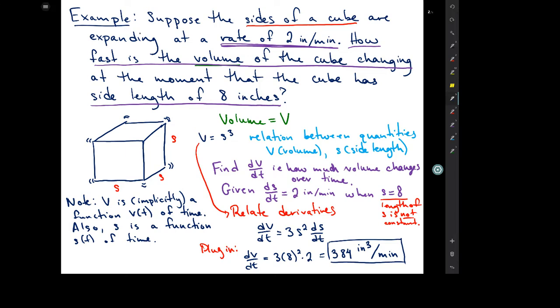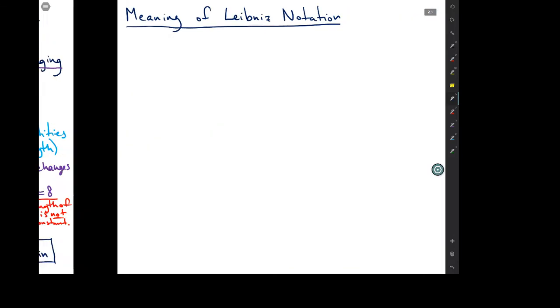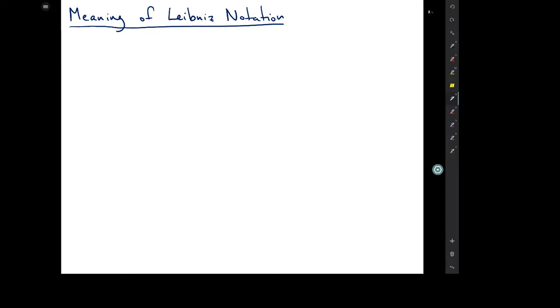Now, one notational detail that I want to emphasize. We are using Leibniz notation for these problems. And you'll notice that we had this equation v equals s cubed, and without any context, this equation is somewhat ambiguous because we don't know that v and s are functions of time. We could say, oh, v is a function of side length.